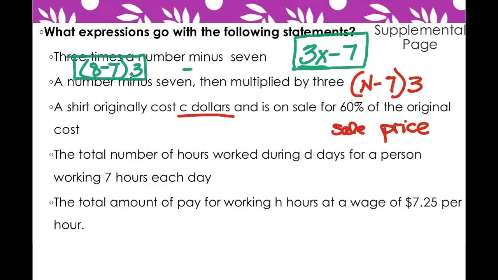This is a little bit tough. It's on sale for 60% of the original cost. Does that mean 60% off of the original cost? Or is it just 60% of the cost?